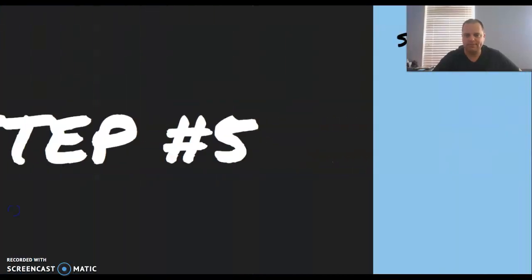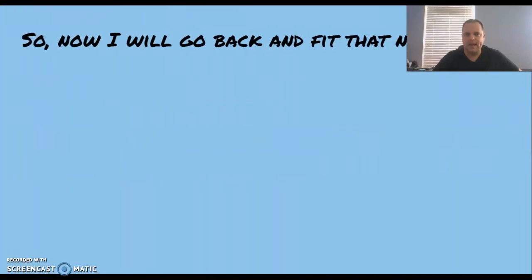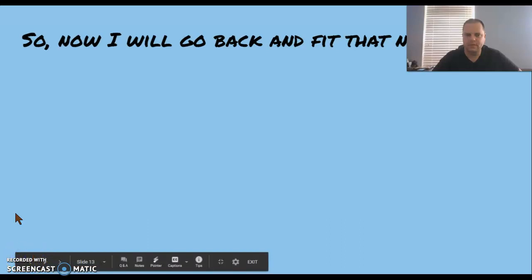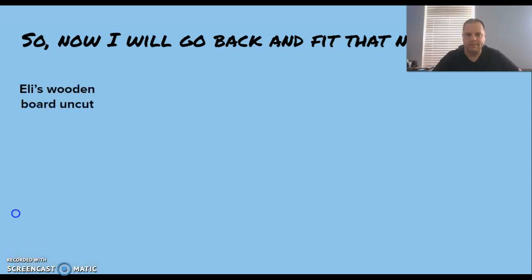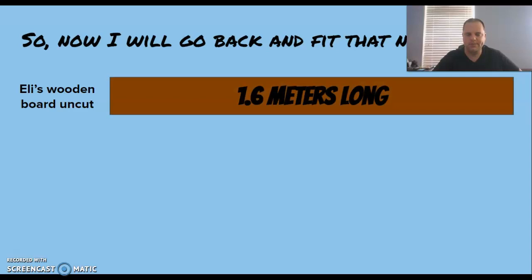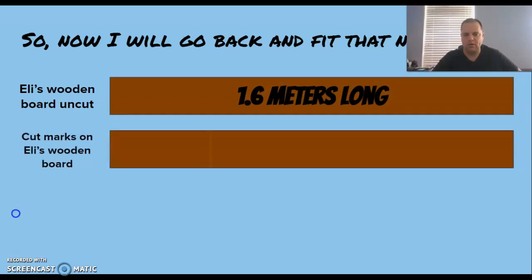Step 5. Now I'm going to fit what I saw in my drawing back into the problem. Again, here's Eli's board. Here are the cut marks on Eli's board. 1, 2, 3. Notice there are 4 equal length pieces.